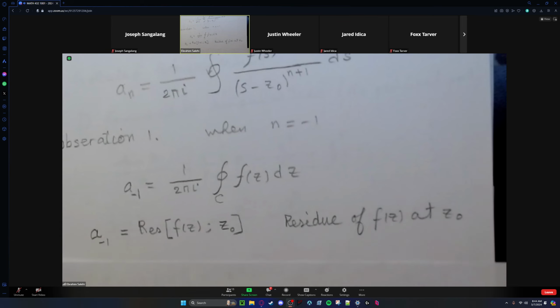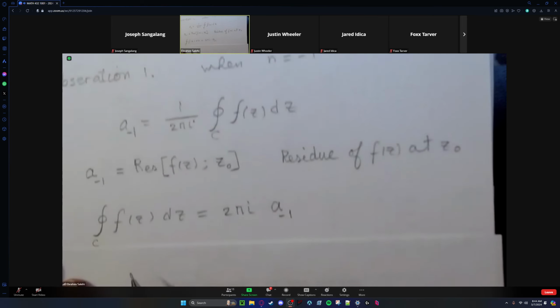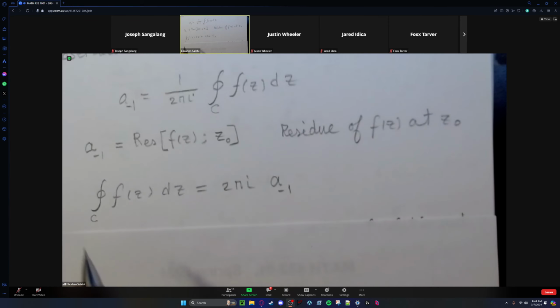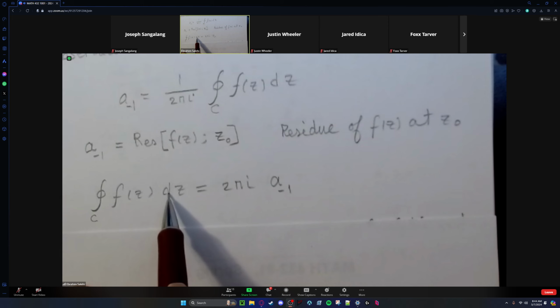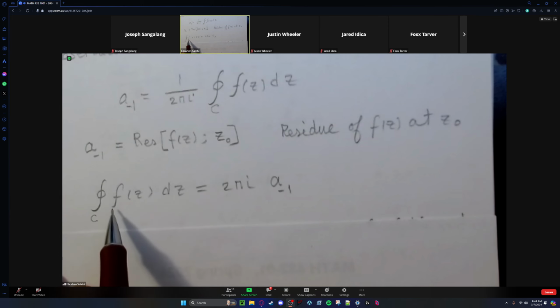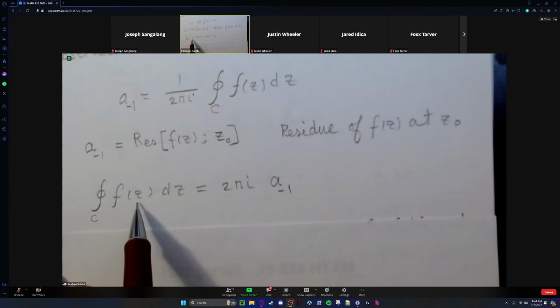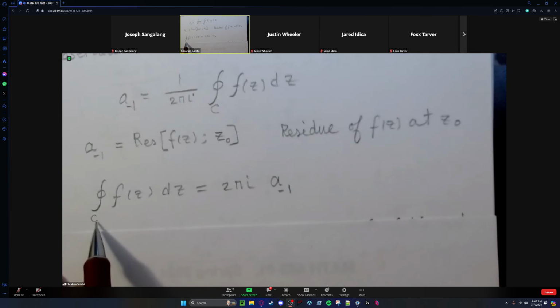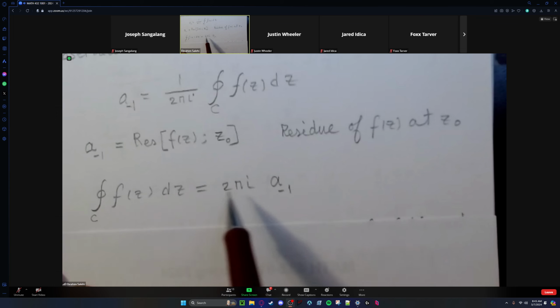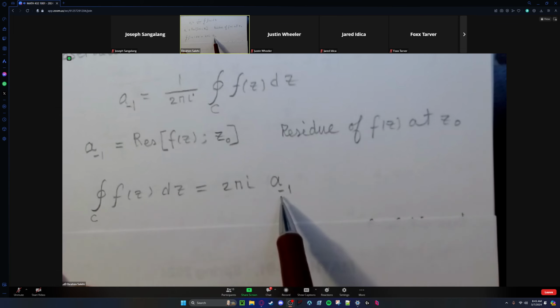Why? Because the integral of f of z dz, when the singularity is inside this closed curve, is 2 pi i a index -1.